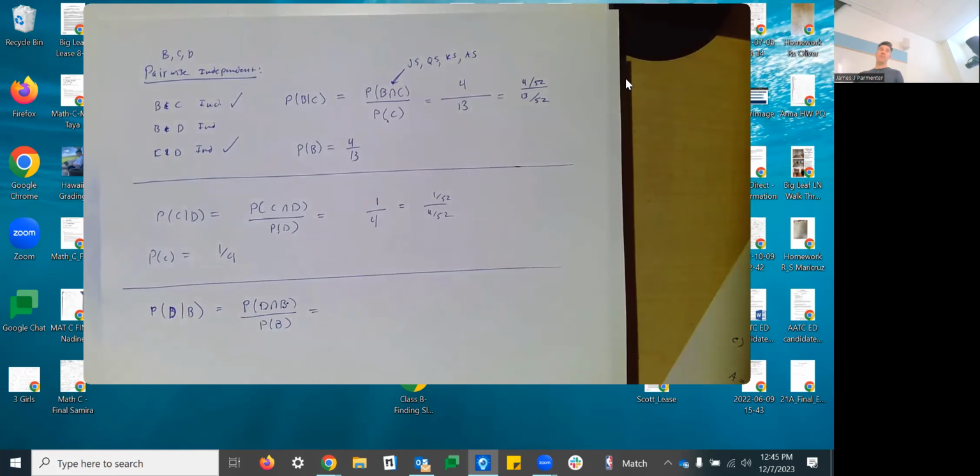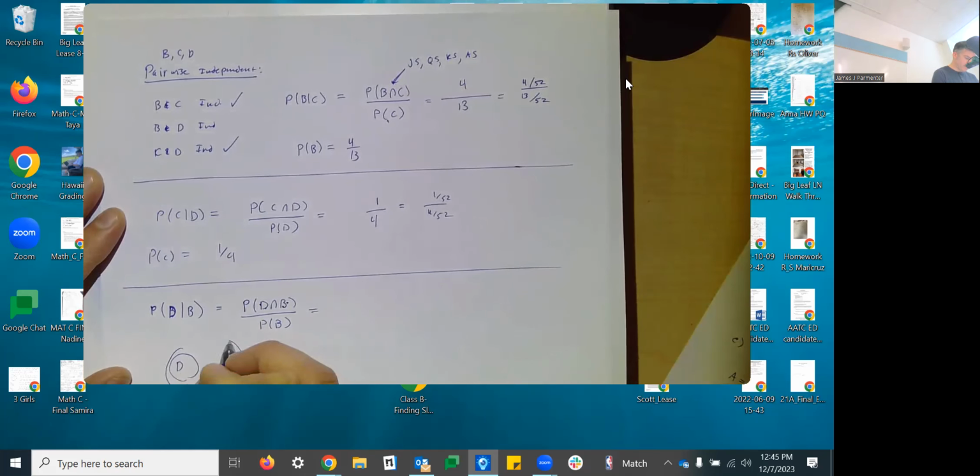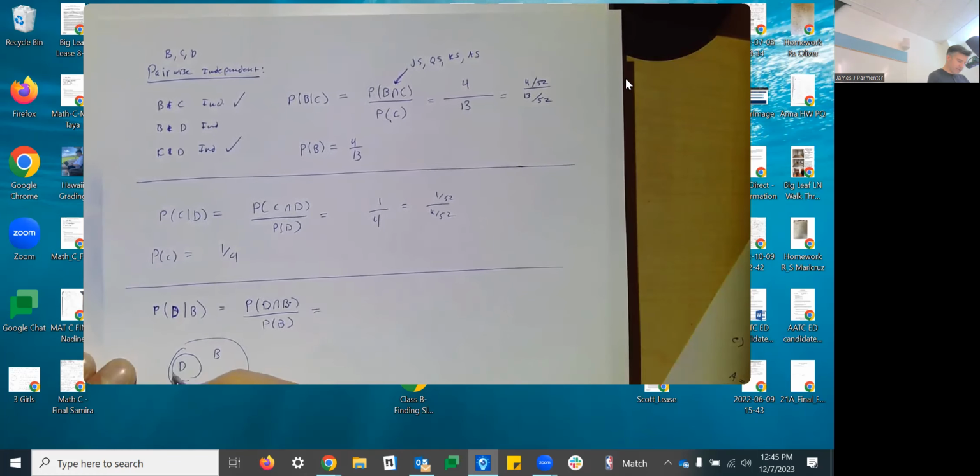One way to think about this from a Venn diagram perspective is that D is completely contained in B. D is all the aces. B is all the face cards and aces.